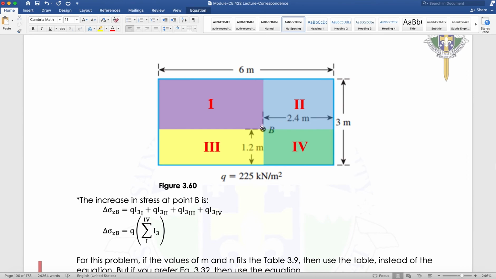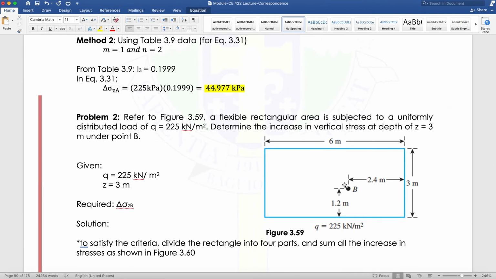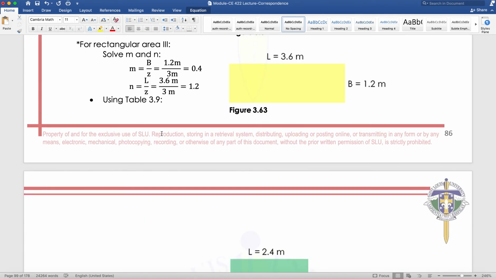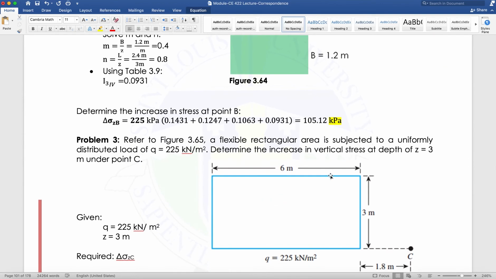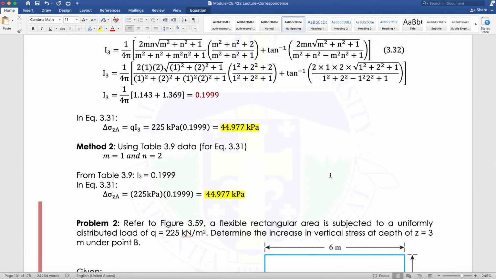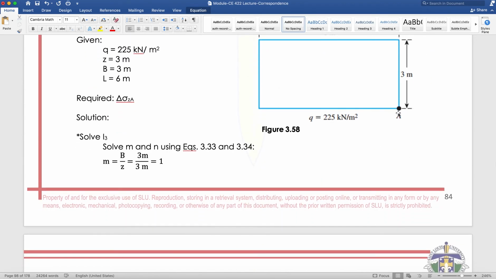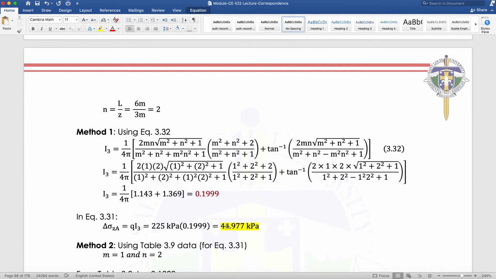At point B we were able to get the value of 105 kilopascals, and nung nasa edge naman tayo kanina, yung first example natin at point A, it is 44.